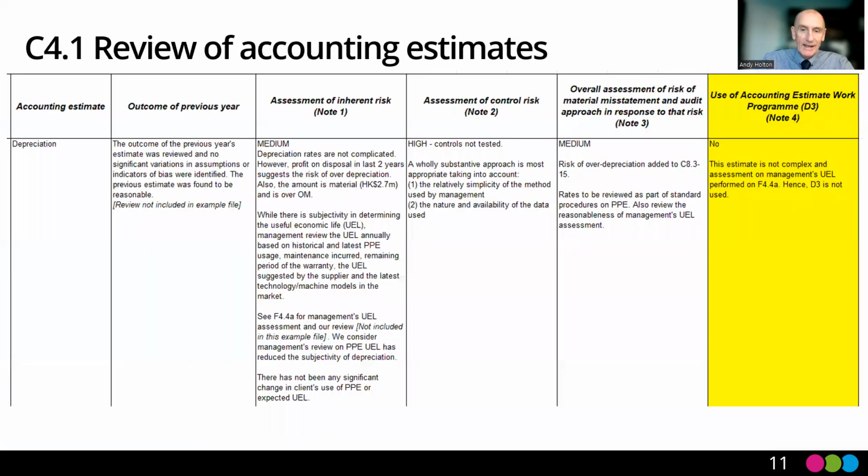So you can see that clearly here. I've highlighted the additional column in yellow, and previously the column in yellow and the column to the immediate left were combined. So it's just now easier to document the various matters on this form.